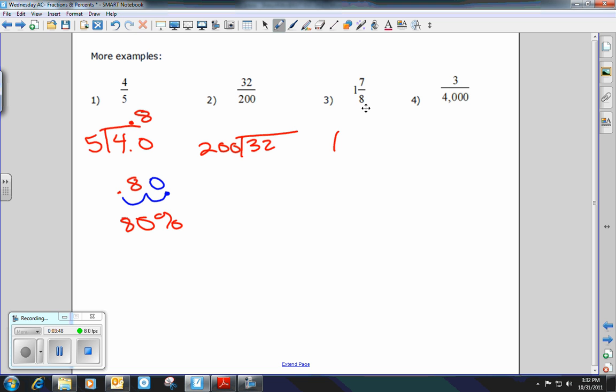So 7 divided by 8 is 0.875. Now I have this in decimal form. All I have to do is move my decimal point 2 times to the right to get my percent form, and I'm going to end up with 187.5%. I want you to also do number 4 on this one.